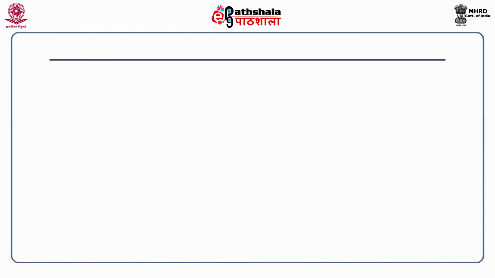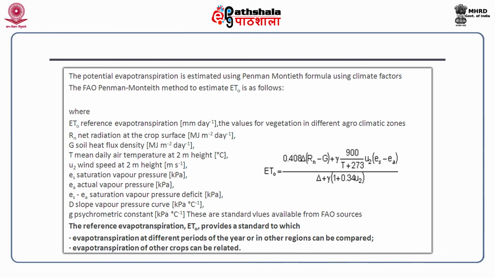When you look at this sub model of evapotranspiration, it takes into account the sunlight hours, the humidity, and the temperature in that area. This is known as the Penman-Monteith equation.